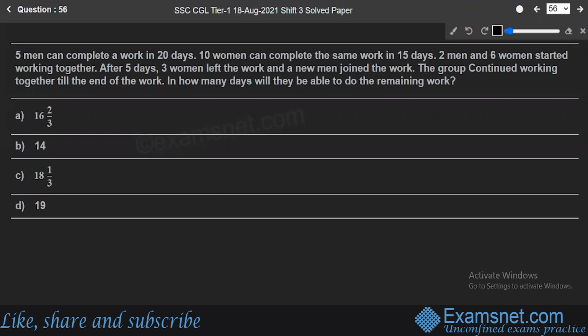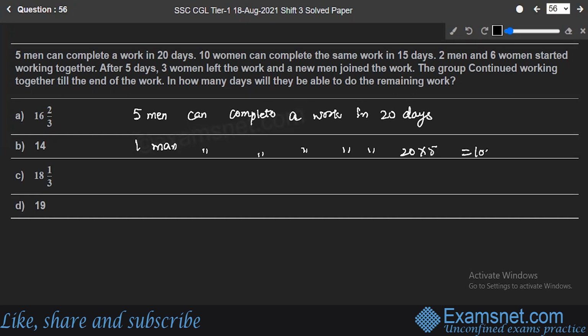So very first thing, 5 men. I'll pick up everything one by one. 5 men can complete a work in 20 days. So that means if one man works alone, how much time will he take? He will take, of course, more time. So this will be 100 days. Correct?